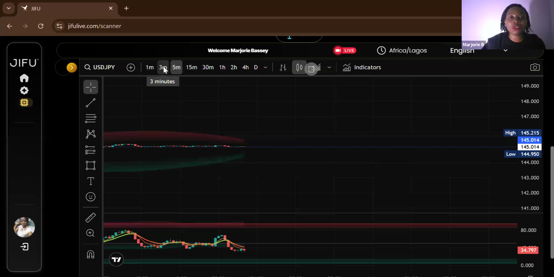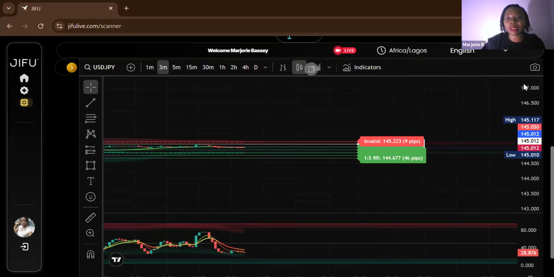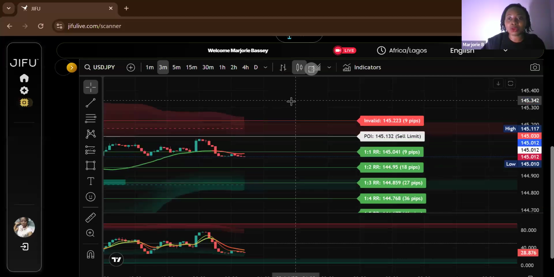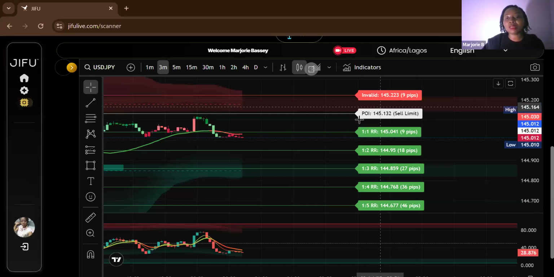If you move down to lower time frames, which a lot of people like, for example this one is 3 minutes. I don't encourage taking trades on 3 minutes, but look at this.